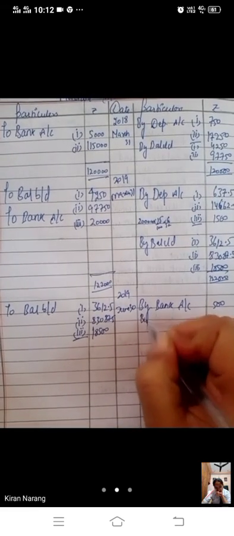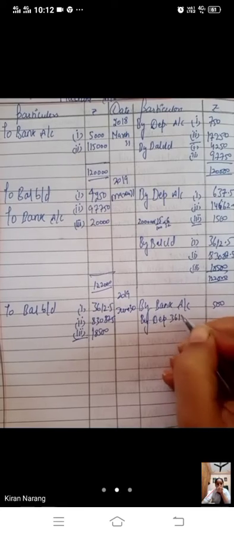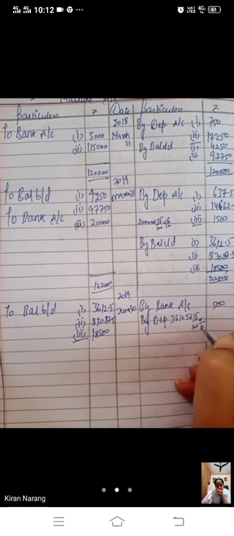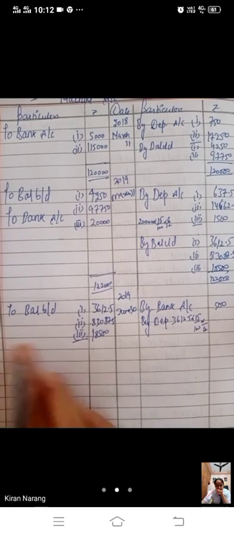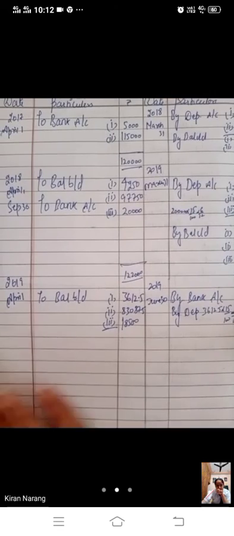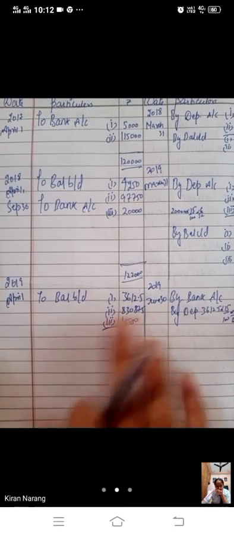So what we will do, we will charge depreciation on it. 3612.5, 15%. For how many months? April, May and June. 3 months. From April to June we have used this machine for 3 months only. And on June 30, after using it for 3 months, it has been sold.